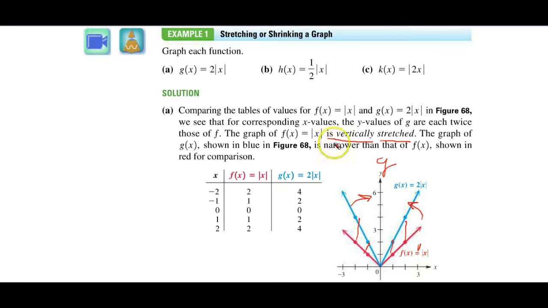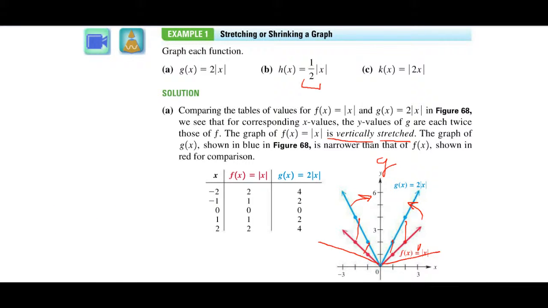Now, how about if we put in 1/2? Well, again, if this is our 1, 1/2 of this is going to be a line like so. Okay, and remember, you can't have any values below 0, so that is as close as you can get there.